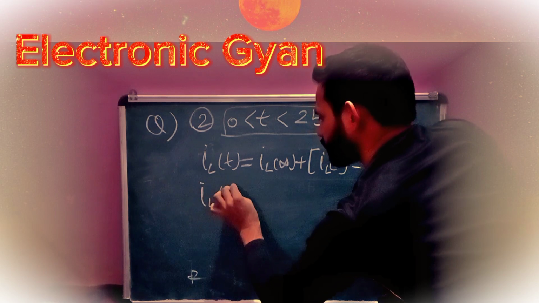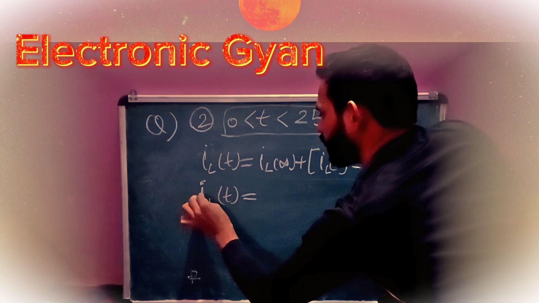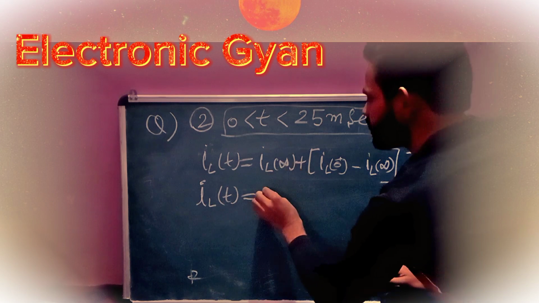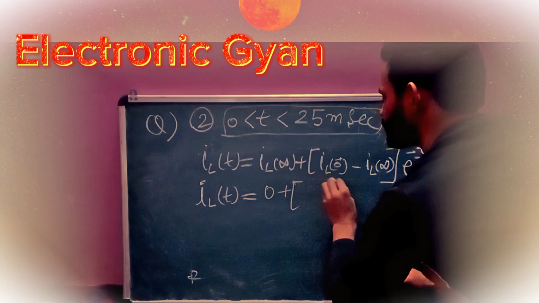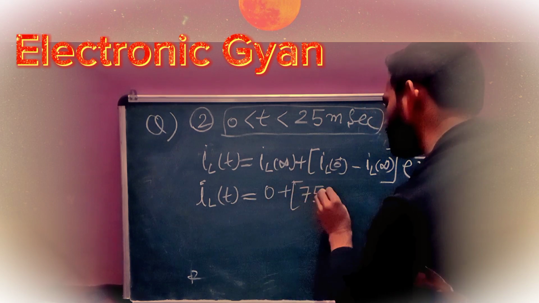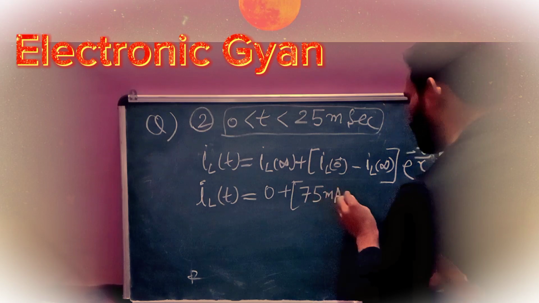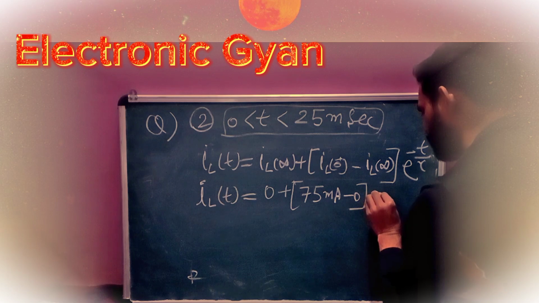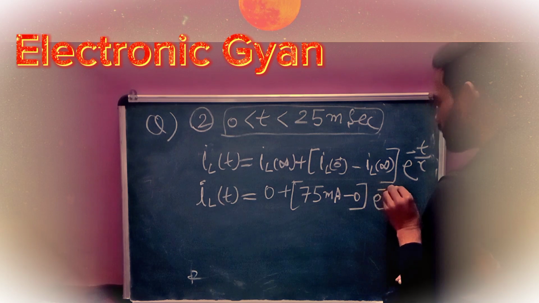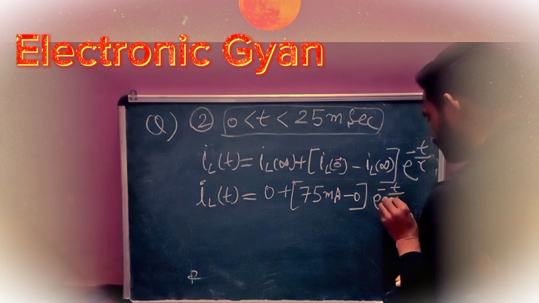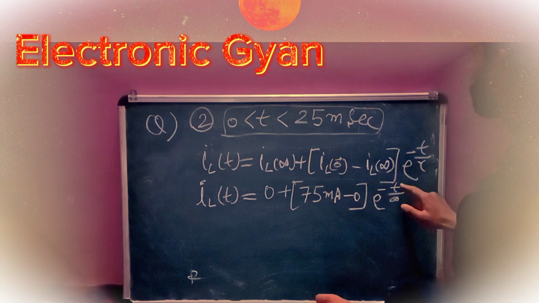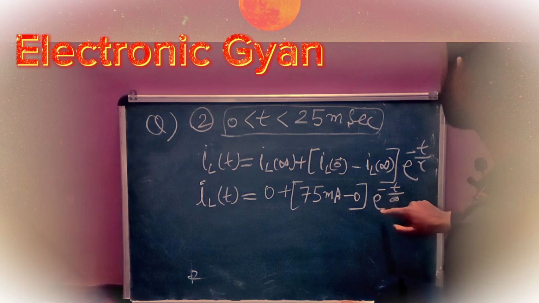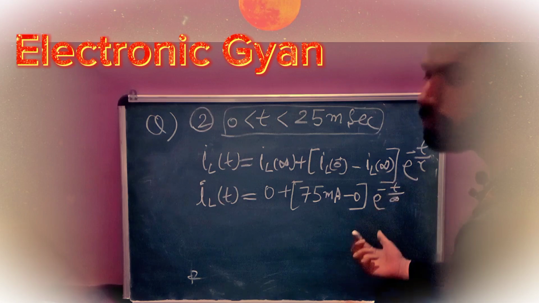IL of infinity is 0, IL of 0 positive is 75 milliampere, and e to the power minus t by tau. Tau is infinite, and something divided by infinite is 0, and something raised to the power 0 is 1.